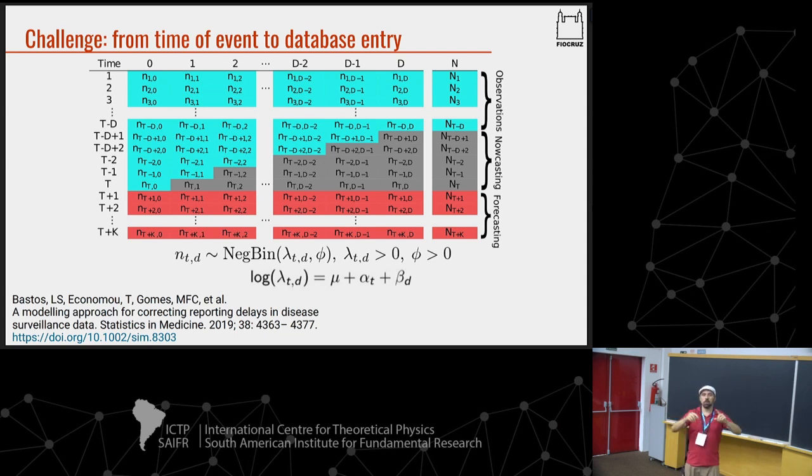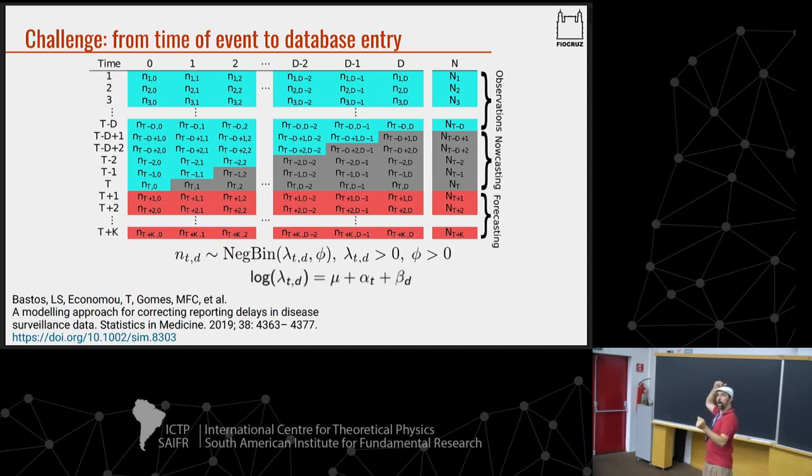Why? Because for last week, delays of 1, 2, 3, and so on, have no information. For 2 weeks ago, I have 0 delay and 1 week delay, but from 2 weeks delay onwards, I don't have any more. It's the same logic. So this is why we have that gray triangle there, which is what we're missing related to what already happened.